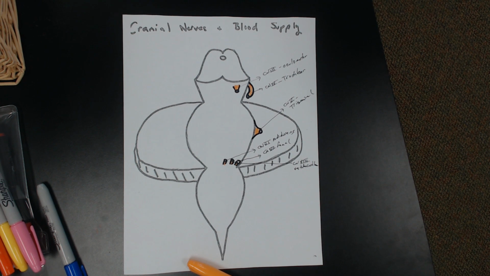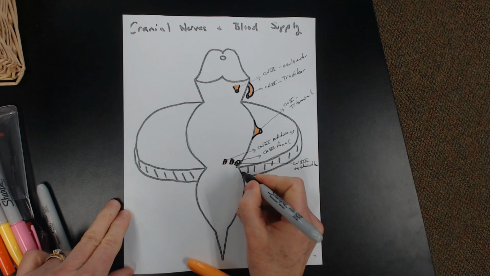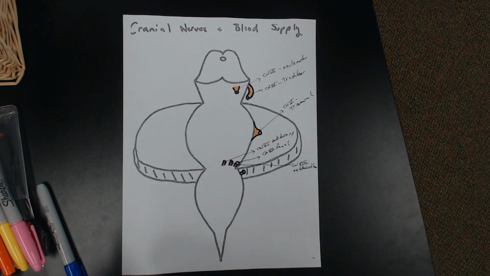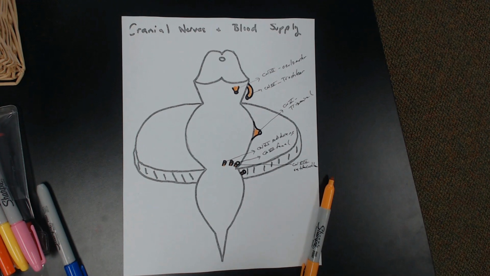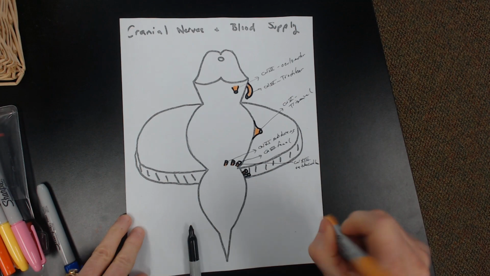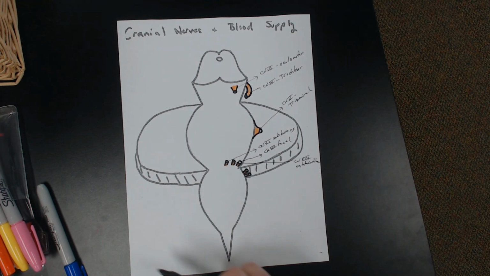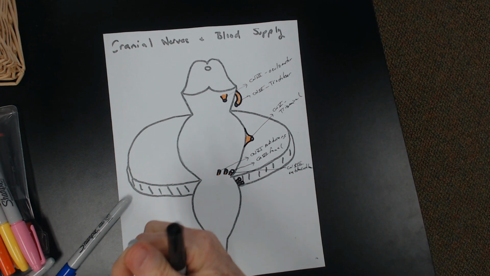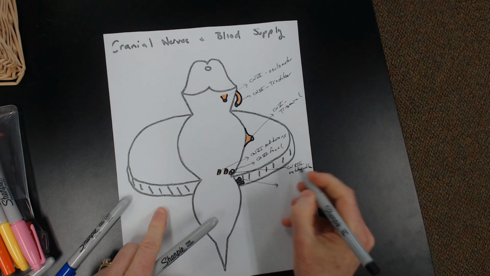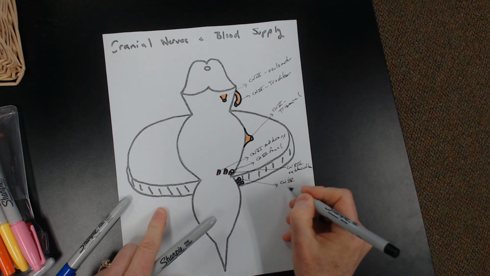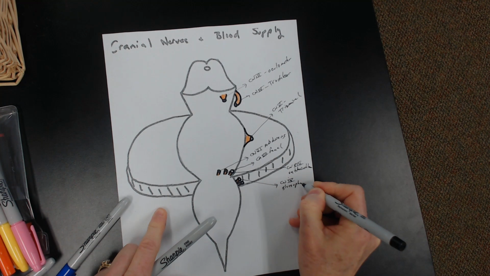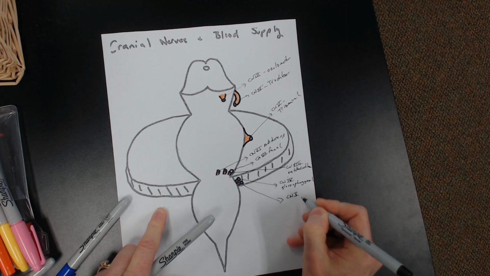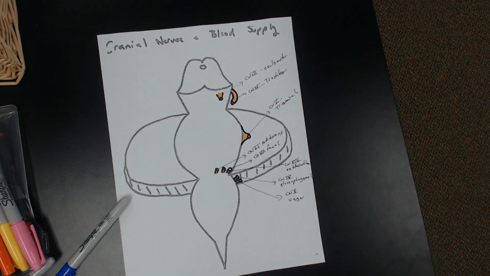Coming on down, we have cranial nerve number 9, the next in the sequence, going to be right here, glossopharyngeal. And then just below that is cranial nerve number 10, vagus.